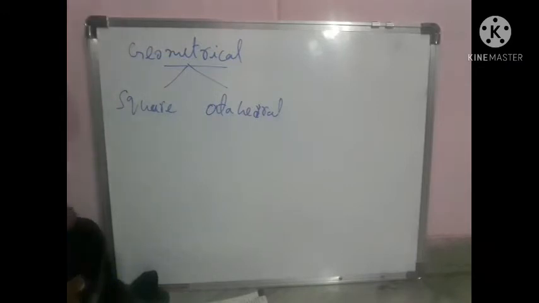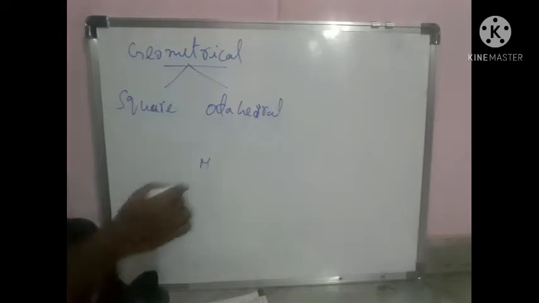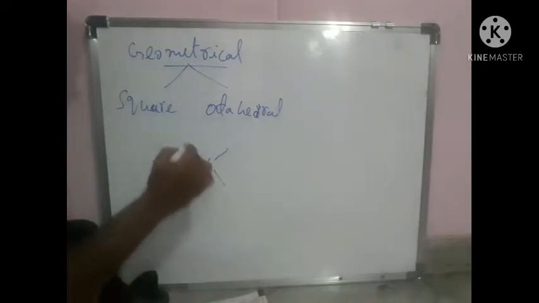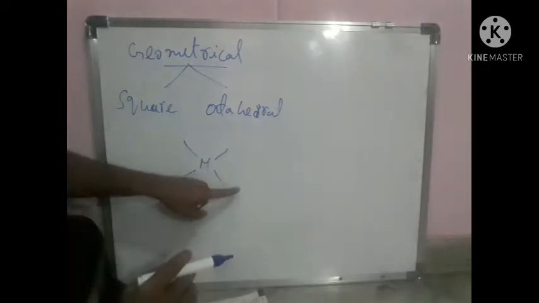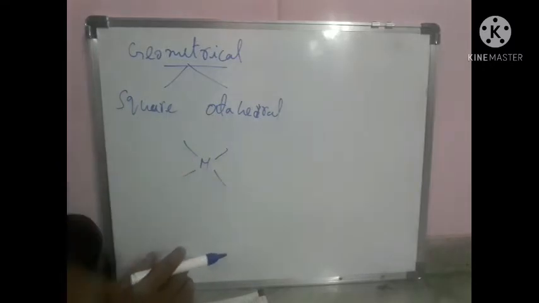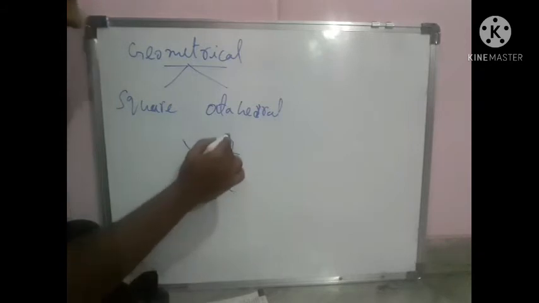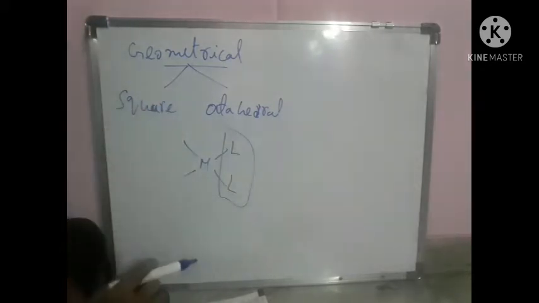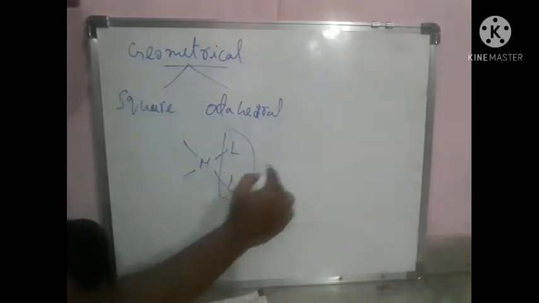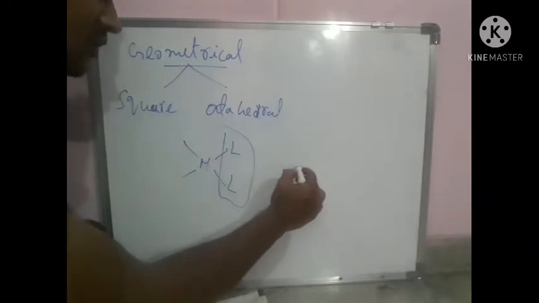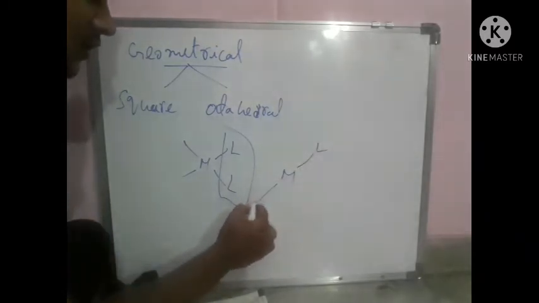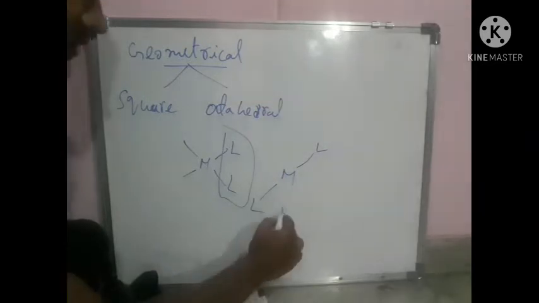What is geometrical isomerism? Generally, around the central metal atom, ligands are present in various positions. When similar ligands are present adjacent to each other, it is called cis. And when similar ligands are present in opposite directions, it is called trans.